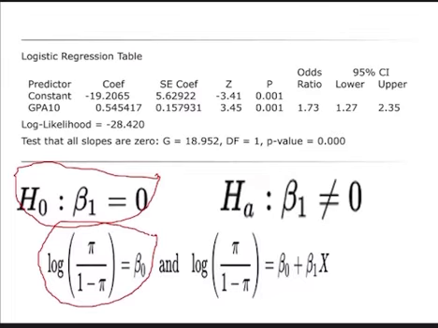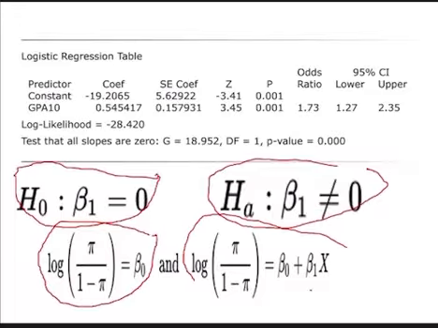Remember, in linear regression, the simplest model is the intercept model. So the simplest model in logistic regression is when the log of odds is equal to beta naught. But in the alternative, you know what it's saying? The alternative is saying, I need the predictor. Is there any question here?